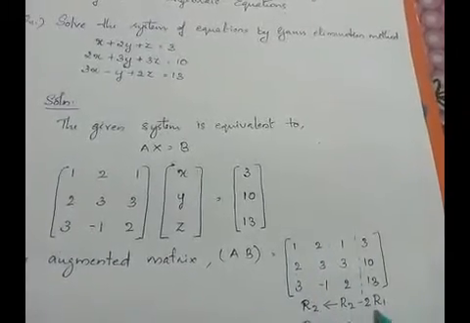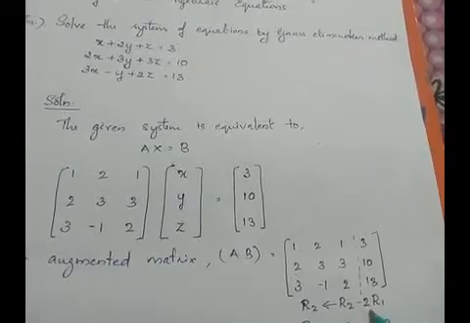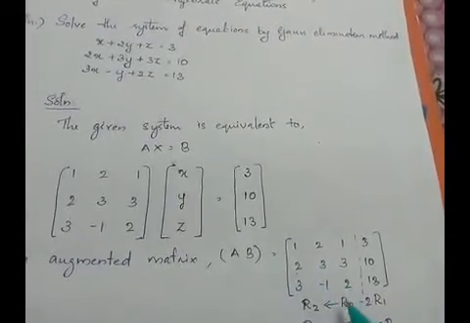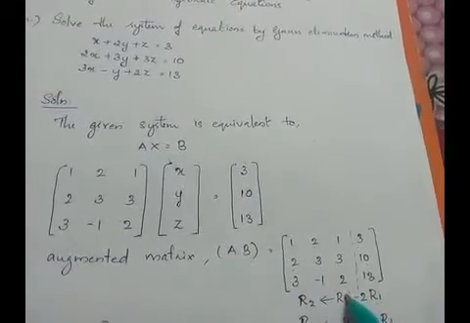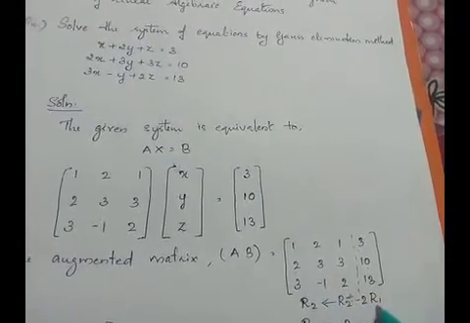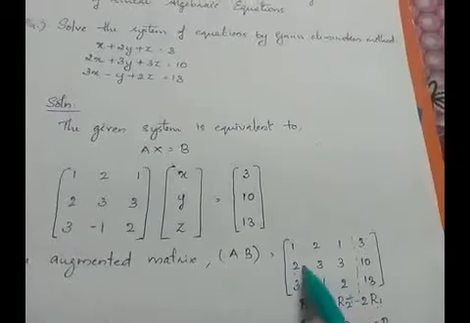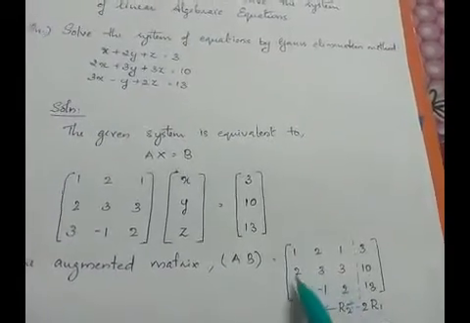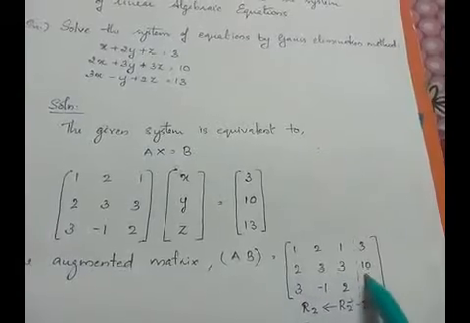That is what is done here. Row 1 will be multiplied by minus 2 and then added to row 2. That means row 2 plus minus 2 into row 1 will make this 2 a 0. That is the equation we are going to use for each element in the second row.